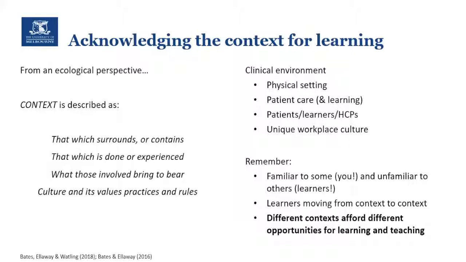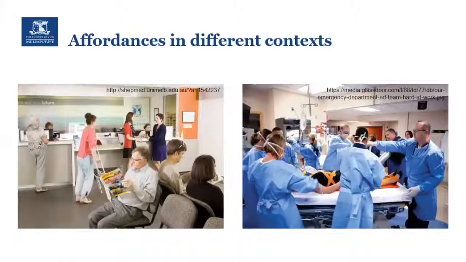And we know that different contexts afford different opportunities for learning and teaching. And this is really key, because if we're trying to think about these contexts as a clinical learning environment, we need to see what each context can provide. So for example, we have two settings here.